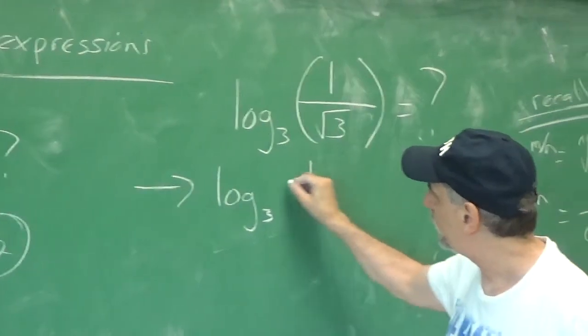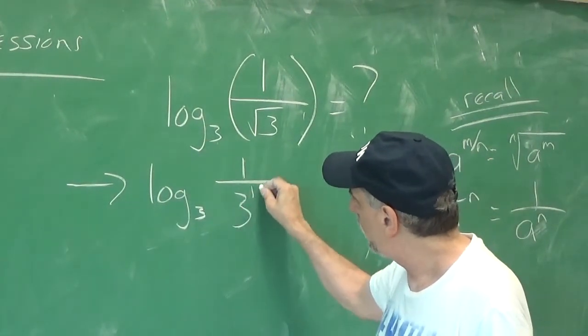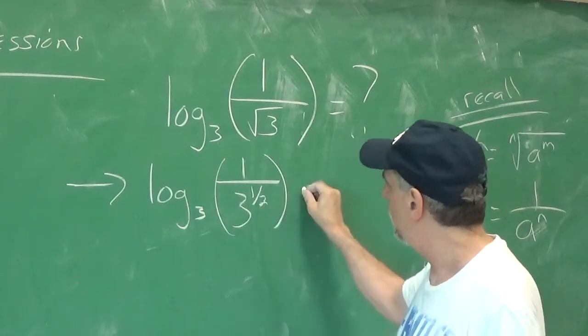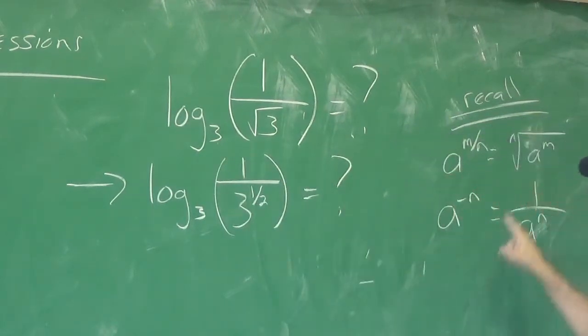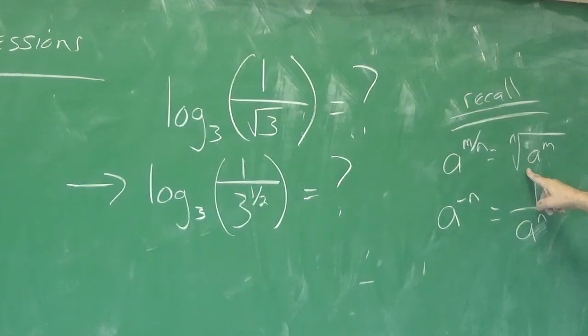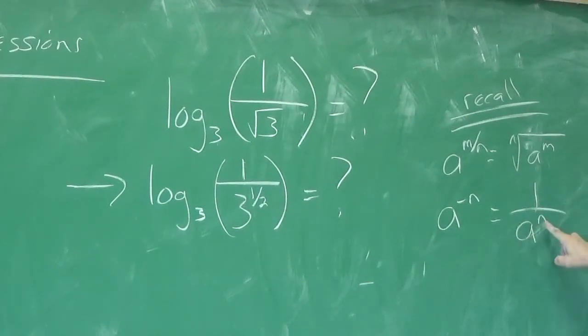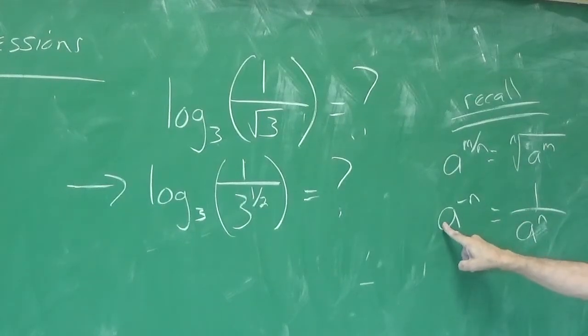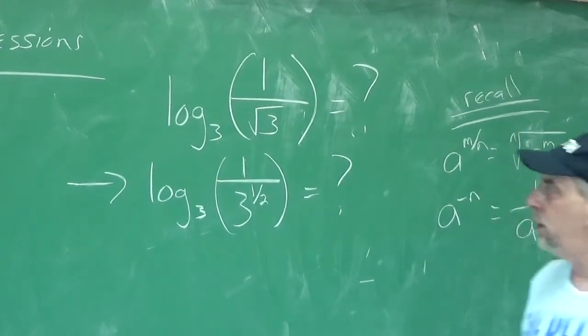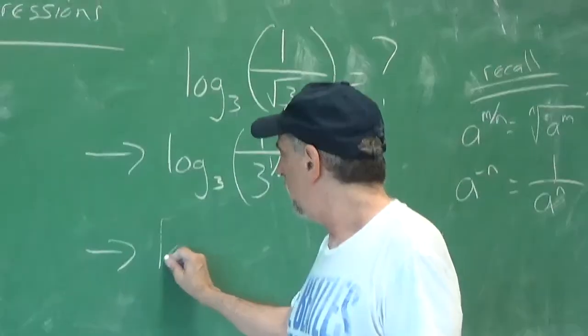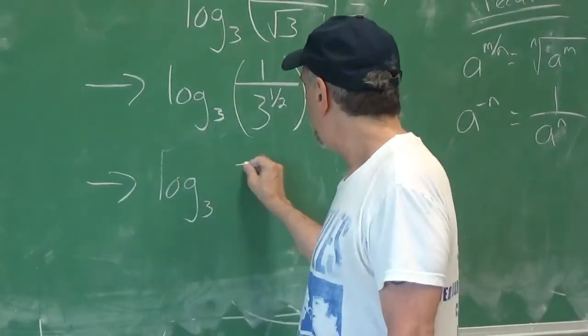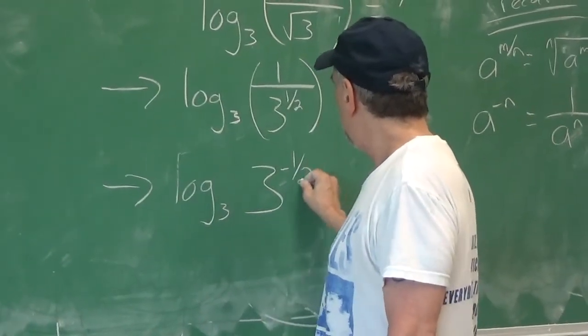First, I'll do it in steps. Right? So we got 1 over 3 to the 1/2, using this rule for the square root of 3. And then we're going to use this rule. 1 over 3 to the 1/2 is 3 to the negative 1/2. So we get logarithm base 3 of 3 to the negative 1/2.